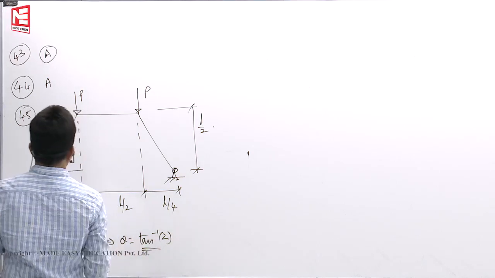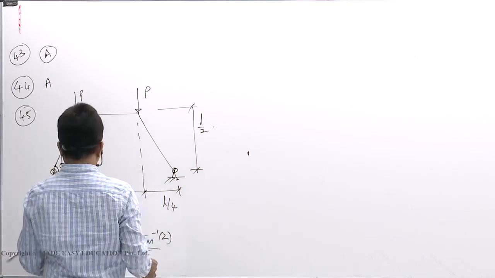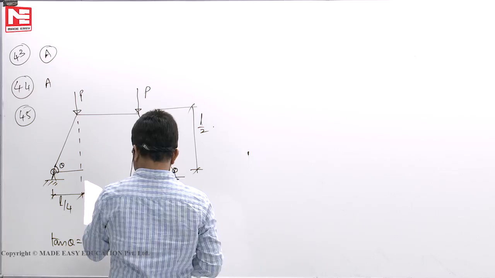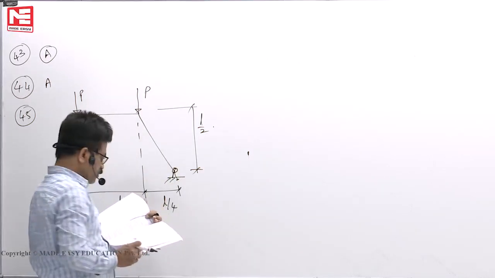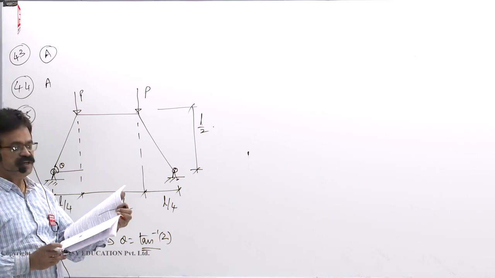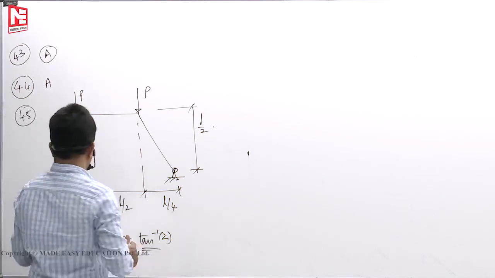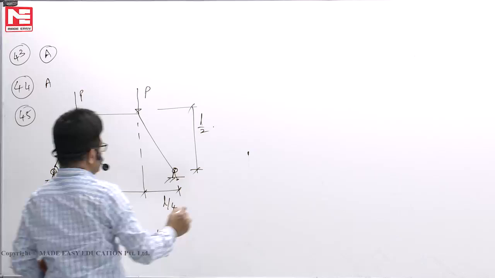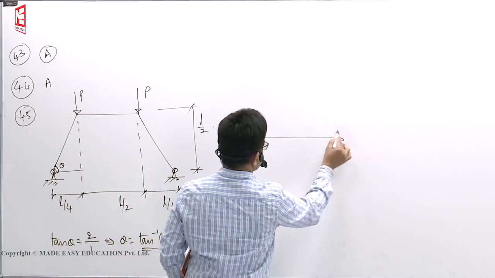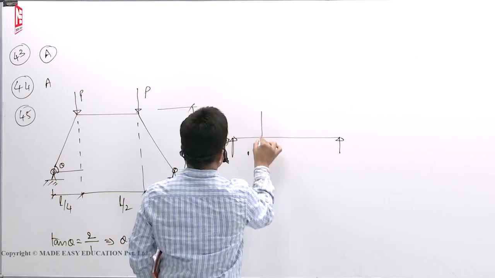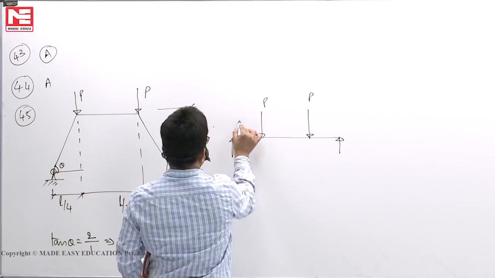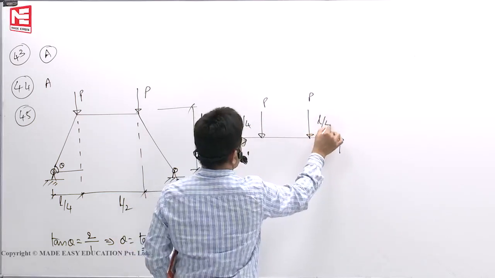Okay. Now, if you take the bending moment diagram shown in the figure, bending moment at every cross section is 0, because the shape of the structure follows the funicular polygon. Now, funicular polygon means a simply supported beam, you take it, subjected to P here, L by 4, L by 4.